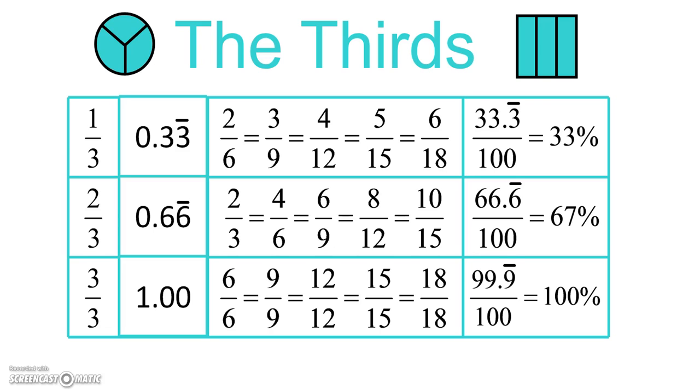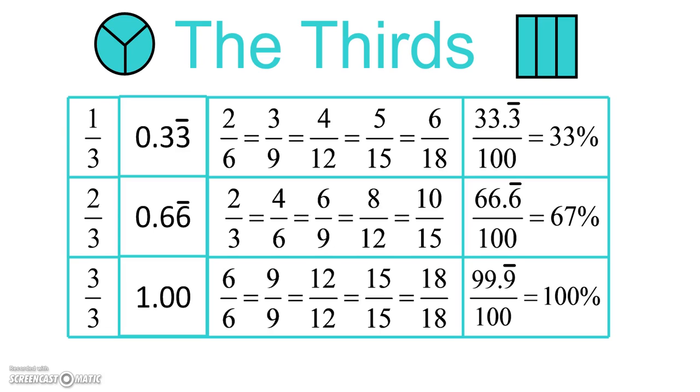Notice how the percentages on the right get larger for each third until they are eventually at 100%. 33% plus 67% equals 100%. We could say the same for the decimal equivalents.